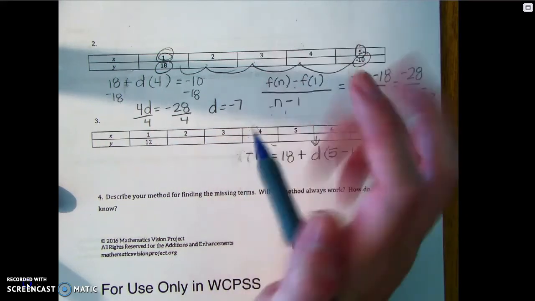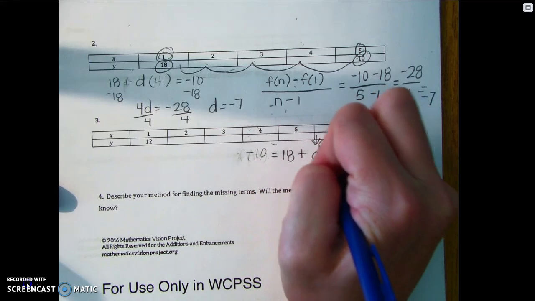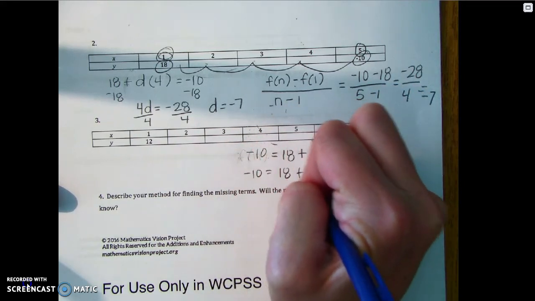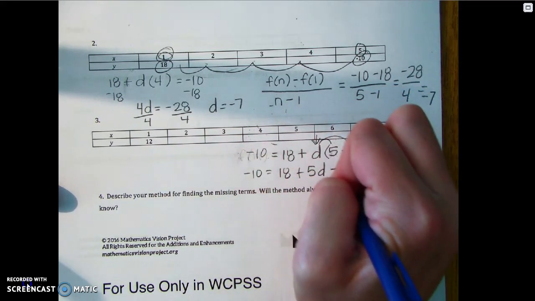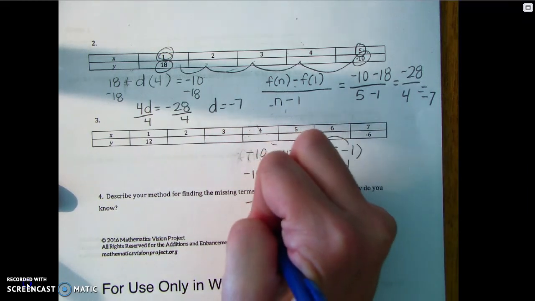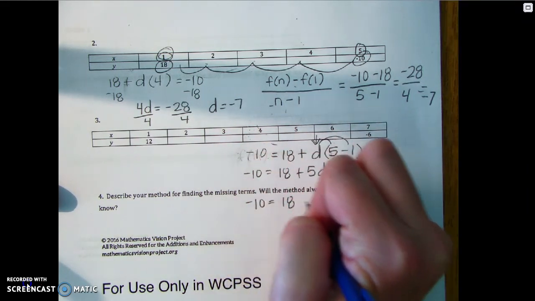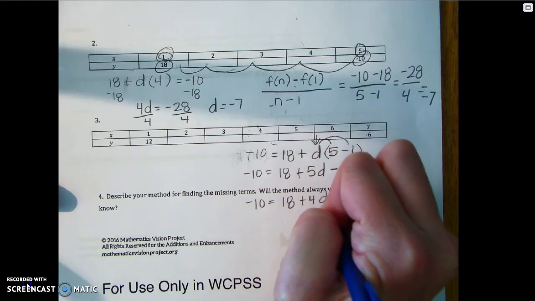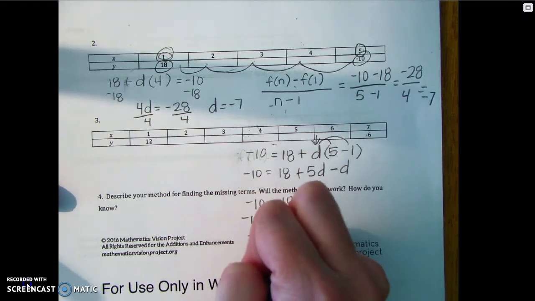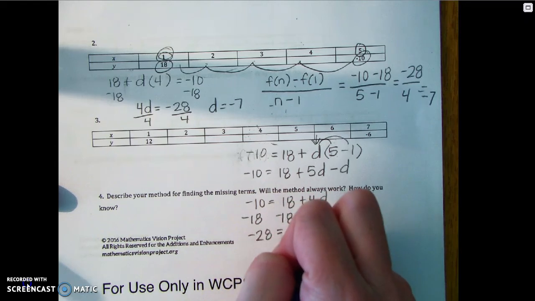So now if I solve, let's distribute first. Negative 10 is equal to 18 plus 5d minus d. Negative 10 is equal to 18 plus 4d. Subtract 18, subtract 18. Negative 28 is equal to 4d.